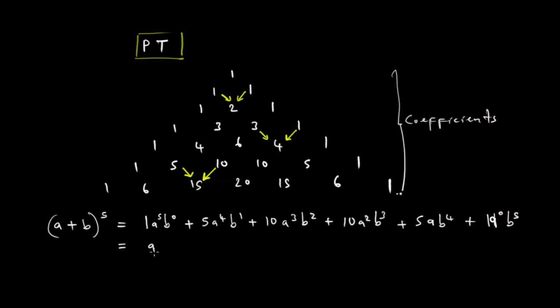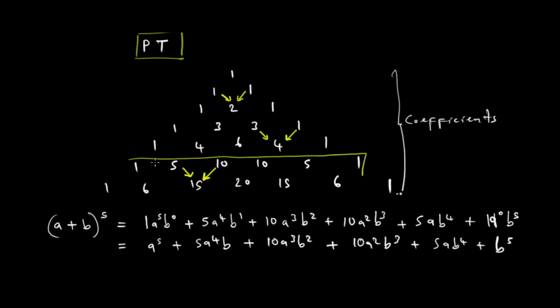Written the way you are used to, it's just a to the 5 plus 5a to the 4b plus 10a cubed b squared plus 10a squared b cubed plus 5ab to the 4 plus b to the 5. Those coefficients are 1 5 10 10 5 1. That's Pascal's triangle for you.